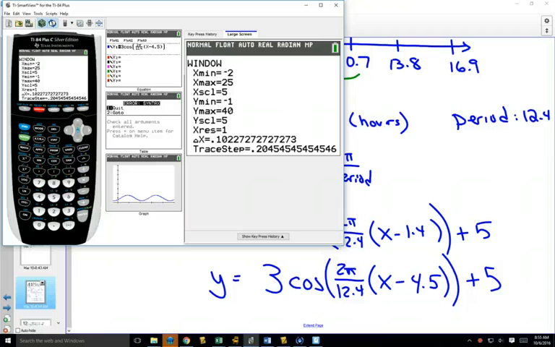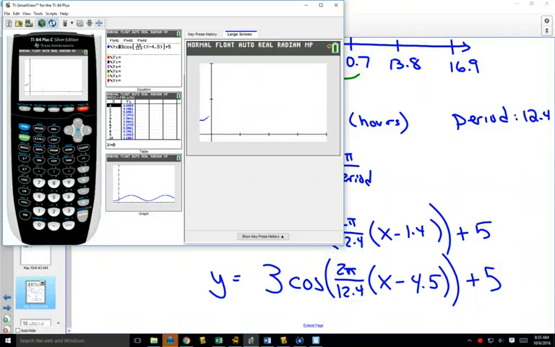So once you've typed it in, setting up our window, we're going up to 16.9, so I'm going to go a little bit further up to 20. And we're only going up to 8, so I'll go up to 10. And there's a picture of our graph.